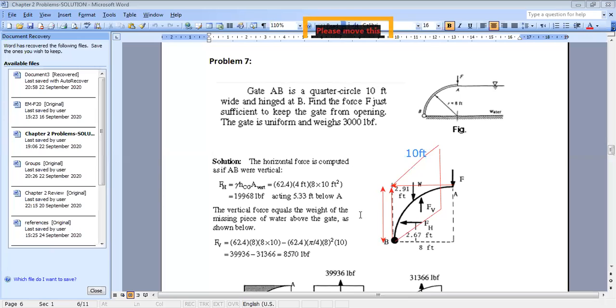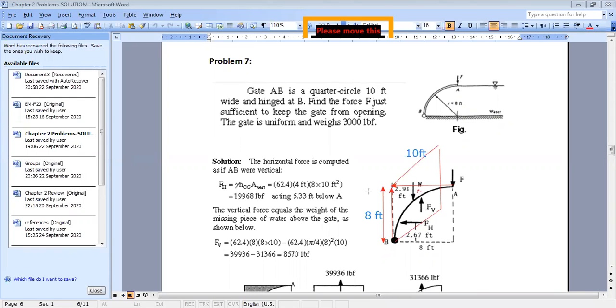Now, from the course material, the force acting on a vertical surface should pass by the center of pressure, and it has a magnitude of the pressure at the centroid of the area. The centroid, which is at the middle here, corresponds to a height of 4 feet.